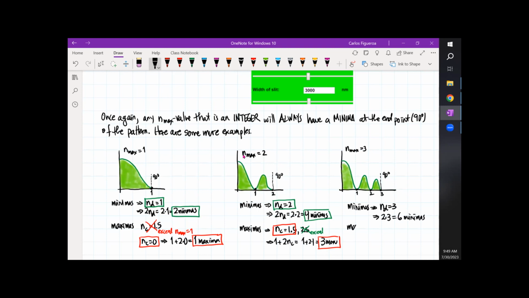And if I look at my maximas, it can't exceed 3, so the only way we can conclude here is that it has to be 2.5. So NC is 2. Therefore, this is 1 plus 2 times 2, which gives me 5 maxes. So just by playing this game, we can immediately infer what the pattern is.